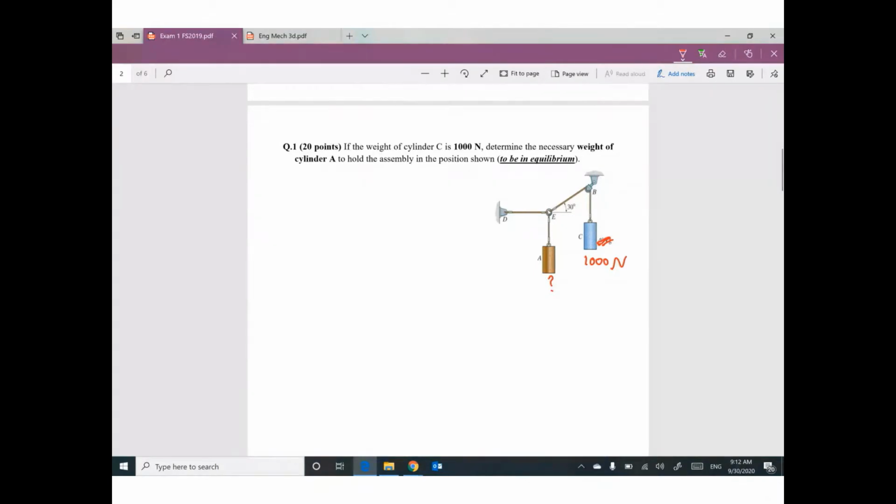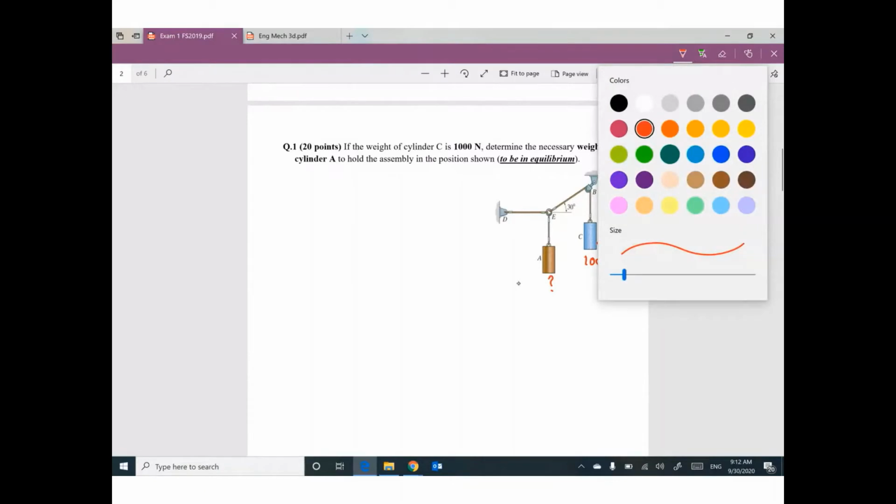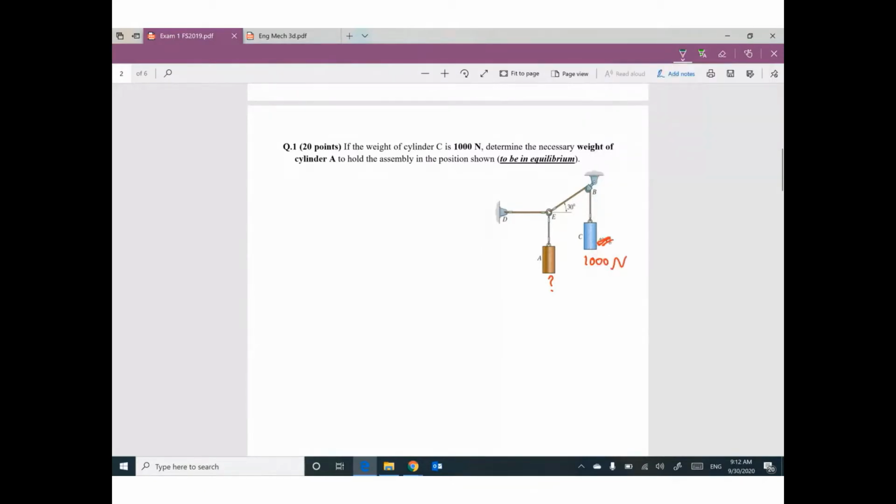But I'm going to add something here. We don't have a regular or common type of rod DE. No, we have something here called a spring.